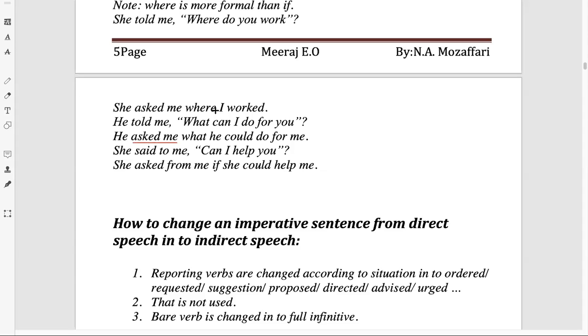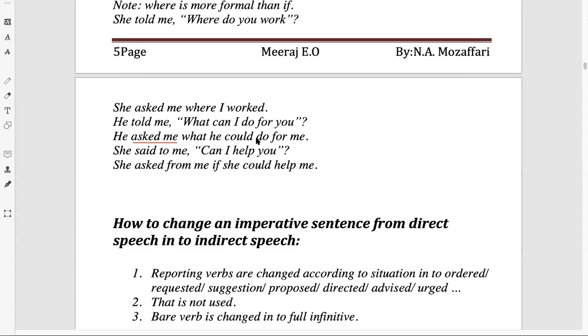And then we said that when we have a WH word, we are not going to change the WH word to if or whether. We just use it. So he asked me what he could do for me. It is interrogative, so we change it to positive formula. The first person I is changed according to the subject, he, and can is changed to could. What he could do for me.